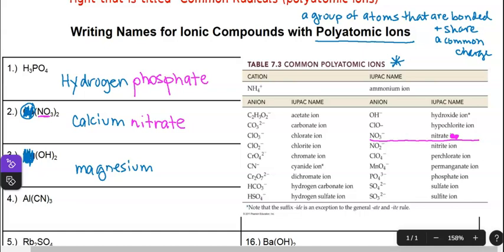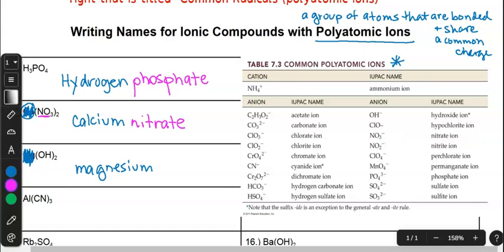OH is right here, and look at the name, hydroxide ion. But again, go ahead and drop the name ion, and then you just write the name hydroxide. Great.